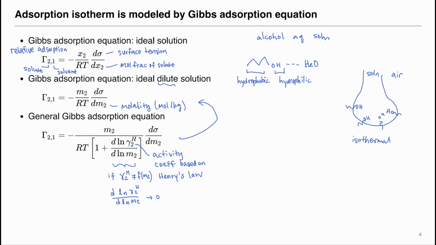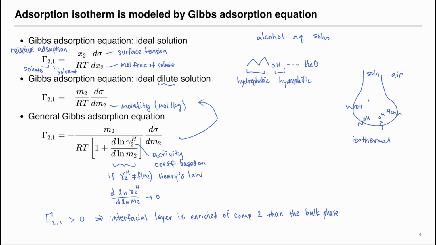So it verifies that this equation works. When the relative adsorption gamma 2,1, which is solute with respect to solvent, is greater than 0, positive, then we can say that the interfacial layer is enriched of component 2 compared to the bulk phase.